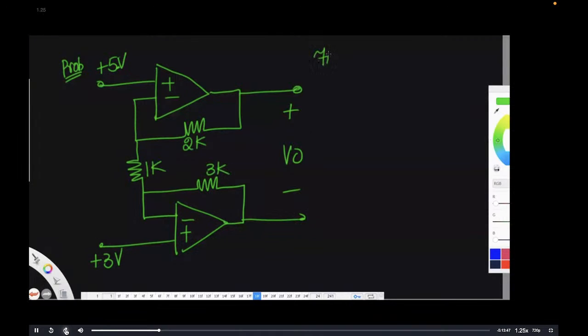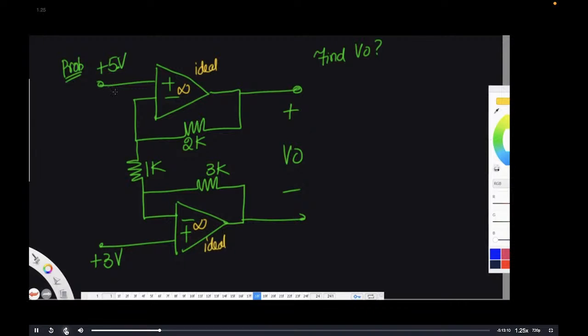So find V naught. If the op amp gain is very high and it is ideal, and there is negative feedback, you can apply virtual short.